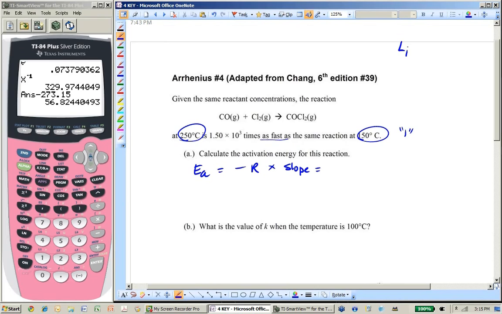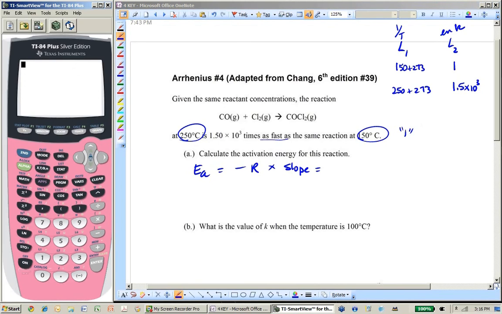L1 is going to be my temperature, so I want 1 over T in L1. And L2 is going to be ln of K. So I'm going to assign this K of 1, this K of 1.5 times 10 to the 3rd. This temperature was 150 plus 273. This one is 250 plus 273.